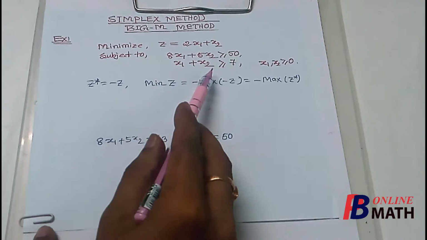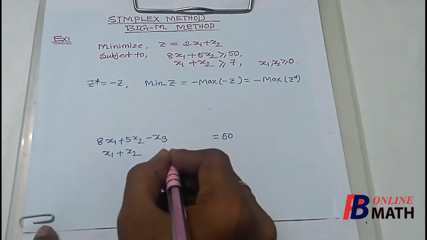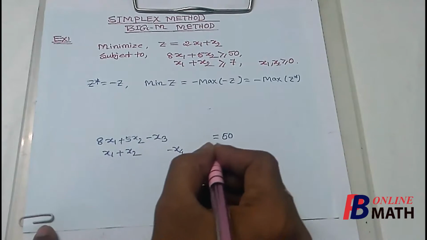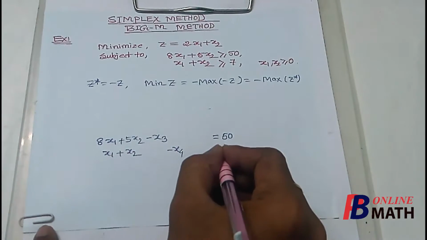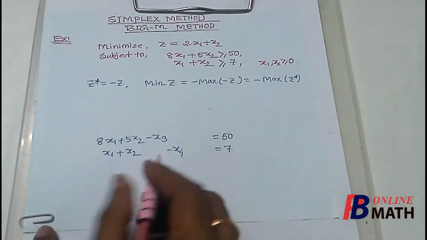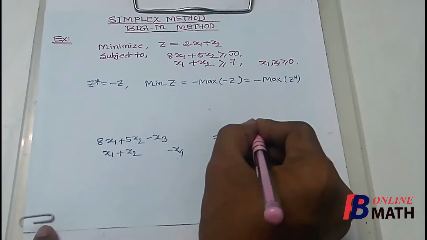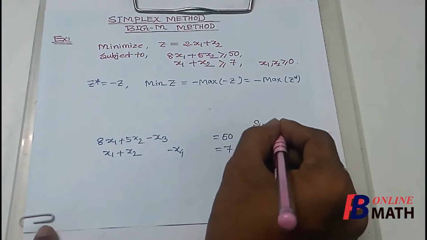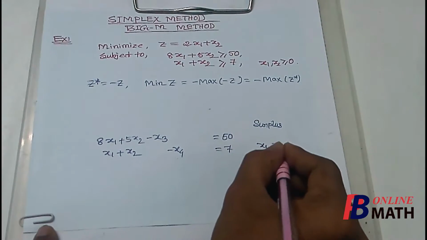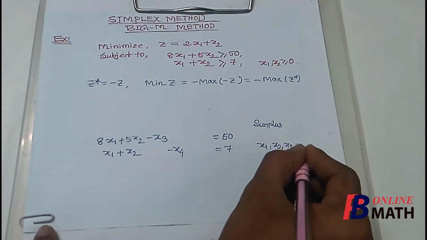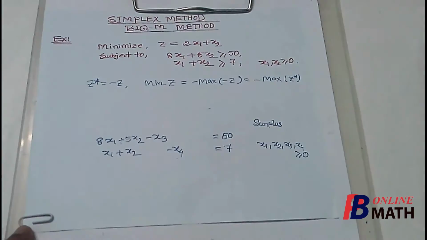And for the second constraint, we subtract one more surplus variable, we call it x4, such that it becomes x1 plus x2 minus x4 equal to 7. Now here x3 and x4 are called surplus variables, where x1, x2, x3, x4 are all greater or equal to 0.